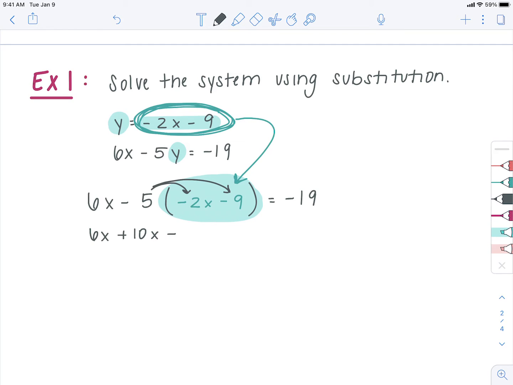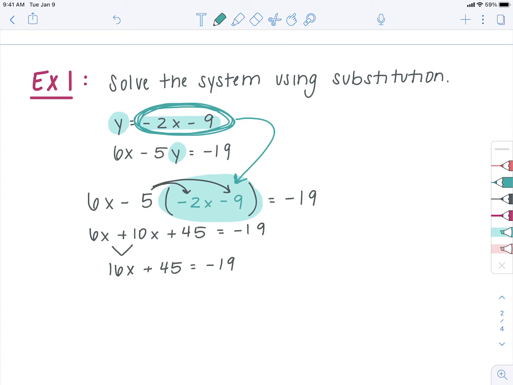Negative 5 times negative 9 gives me a positive 45 equals negative 19. Then I'm going to collect my like terms because I'm trying to solve this equation for x. So when I have 6x plus 10x, since they're on the same side, I just combine them. 6x plus 10x gives me 16x plus 45 equals negative 19.